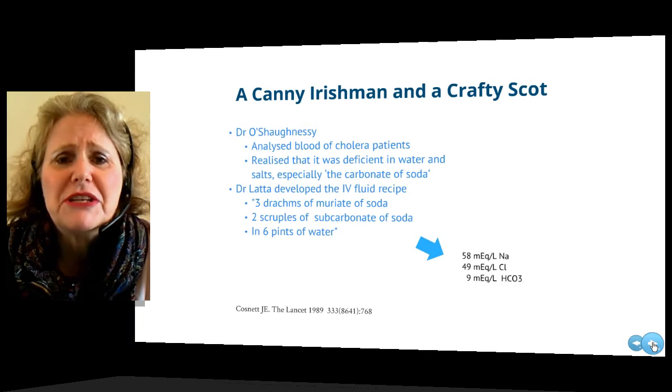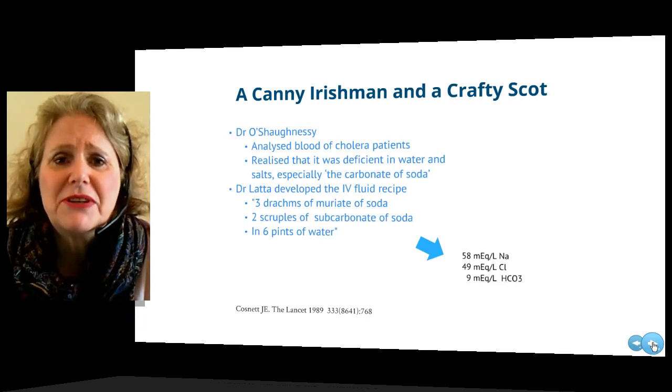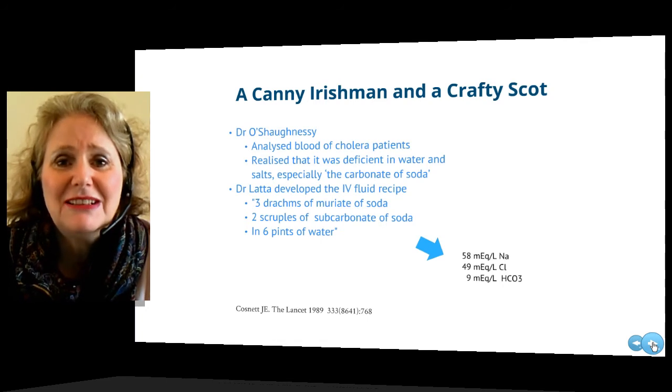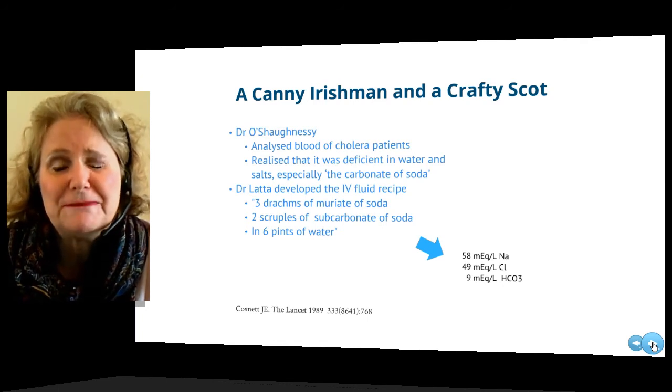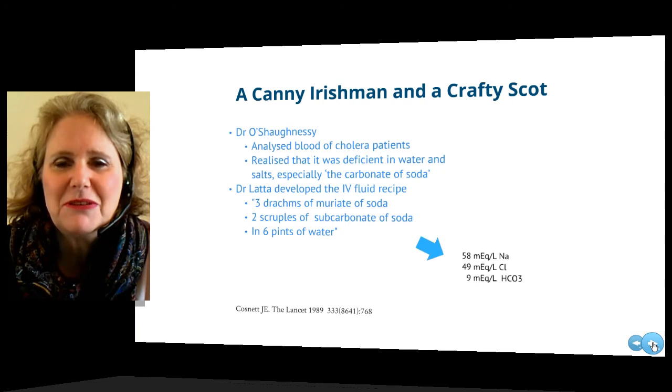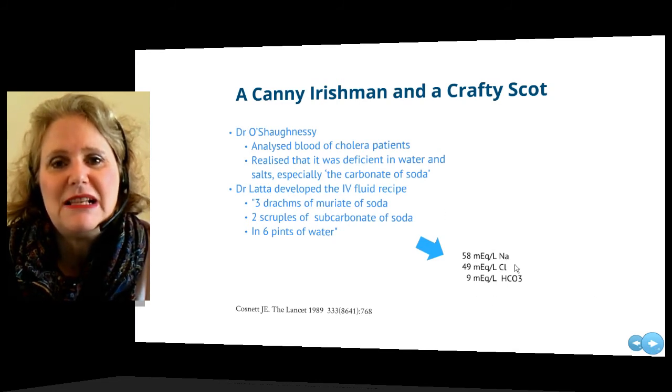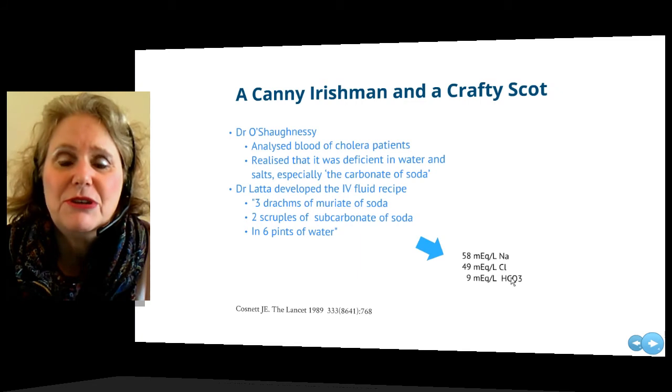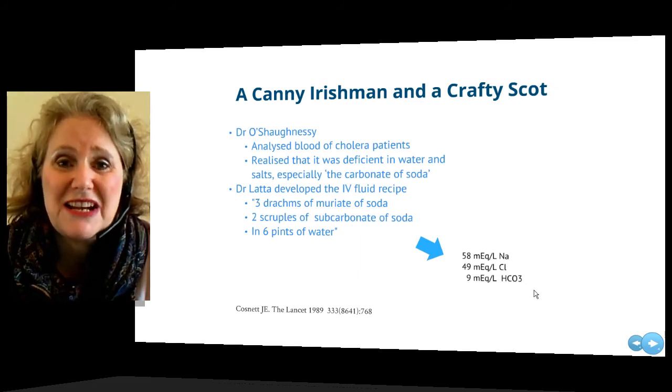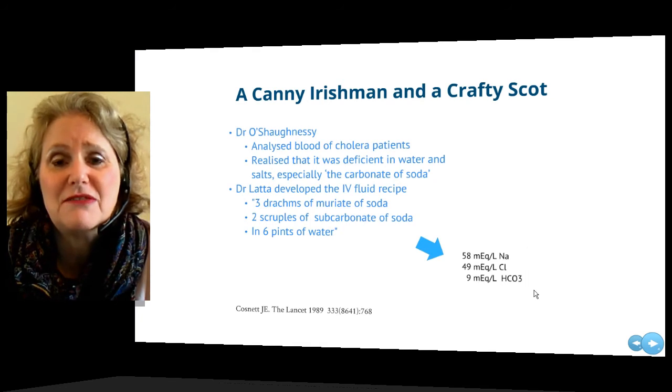It was 3 drams of muriate of soda and 2 scruples of subcarbonate of soda in 6 pints of water. And the only problem with that is that the water wasn't sterile. It was still a hypotonic solution. As you can see here, it has an osmolality of about 100, which is about a third of what we would expect to use nowadays in these kinds of patients. But nevertheless, it was a good start.